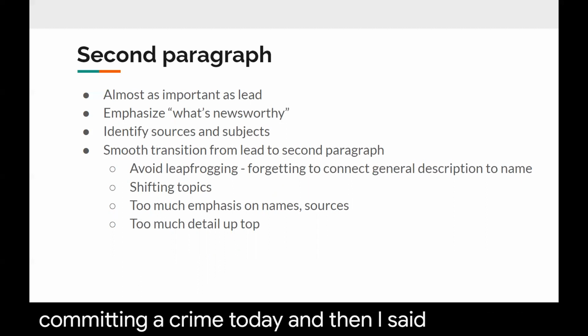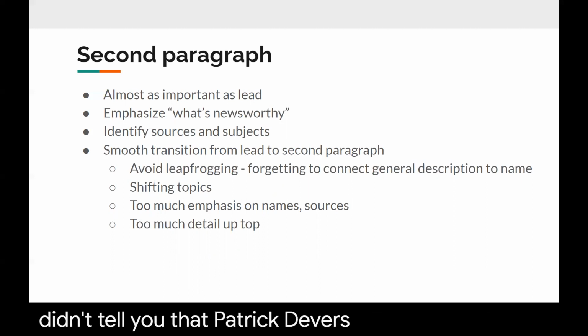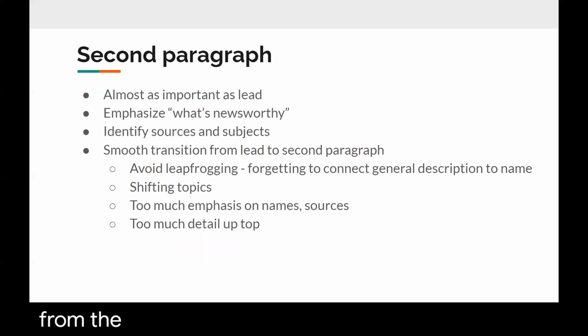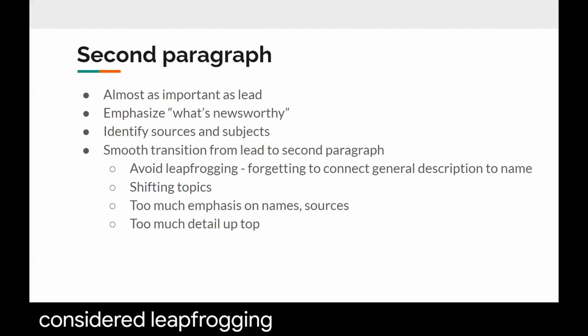And then I said, Patrick Devers was charged with second-degree assault, but I didn't tell you that Patrick Devers was the suspect from the original description in the lead, then that's considered leapfrogging because you're having to jump over the connection between the name and the description.